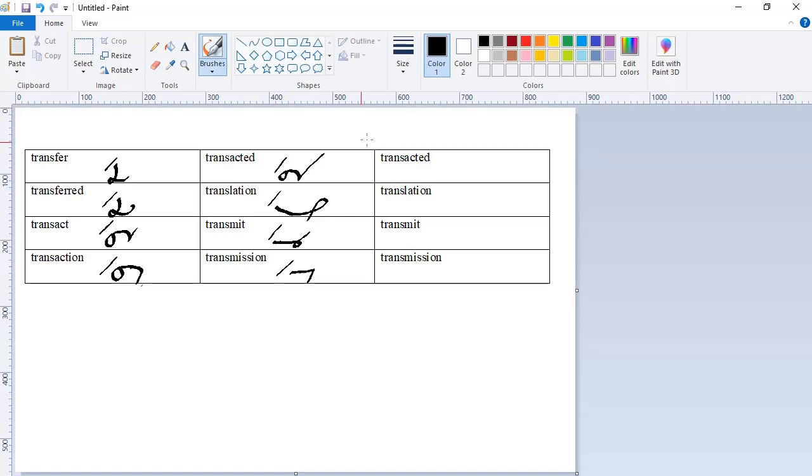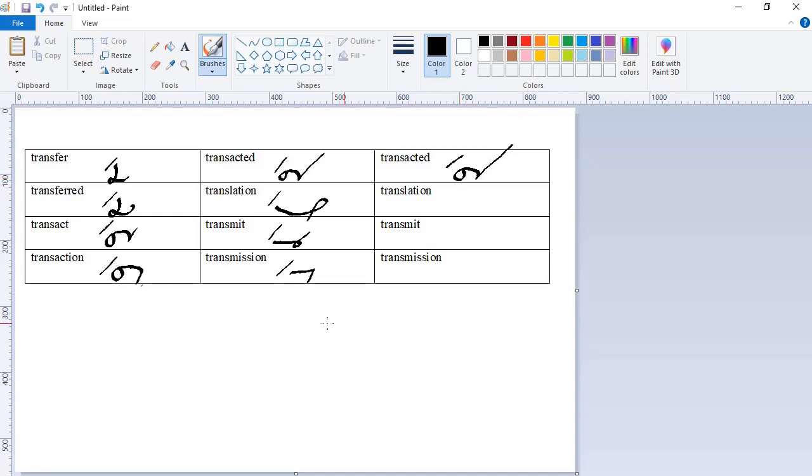Next, transacted. So, we have trans and then acted. Parang naulit to. Hindi. Transacted. Yan, naulit. Naulit siya dun sa kabila. Next, translation. Ay, naulit na naman.